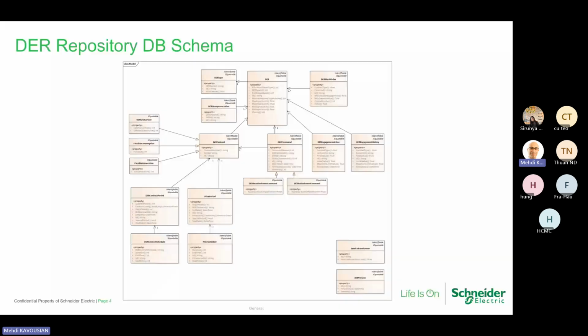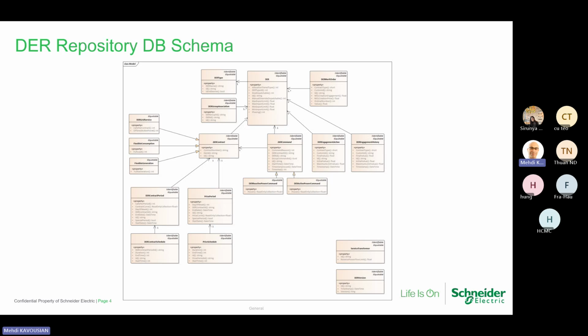Maybe I'll share this one. Can you see it on Teams? Sometimes when I was sharing here, it's a little bit small. But this is the relationship between elements in that table.